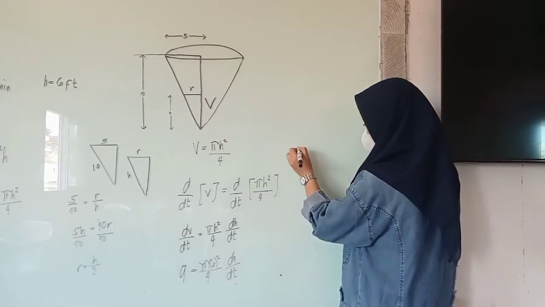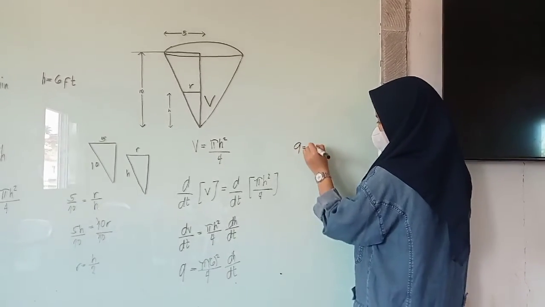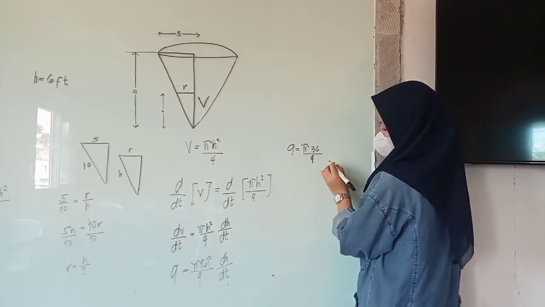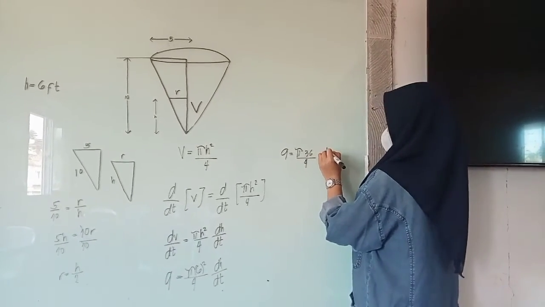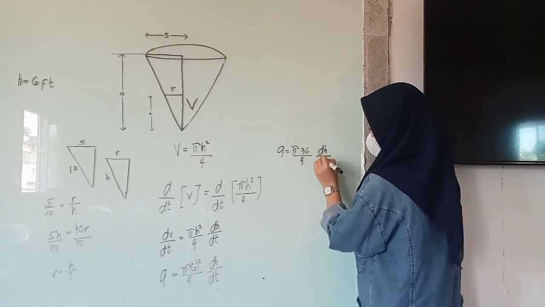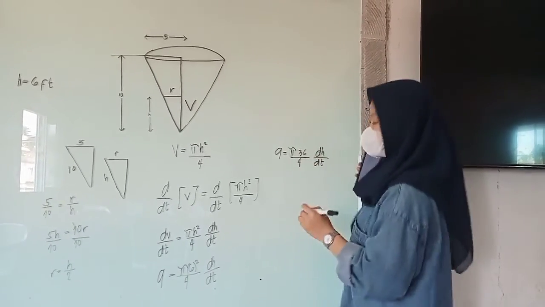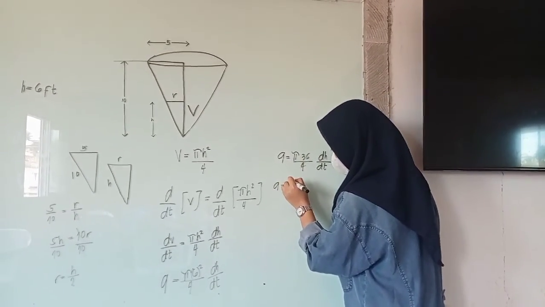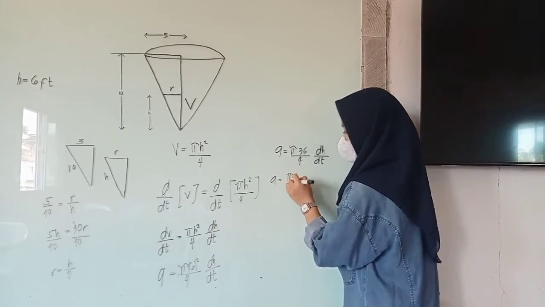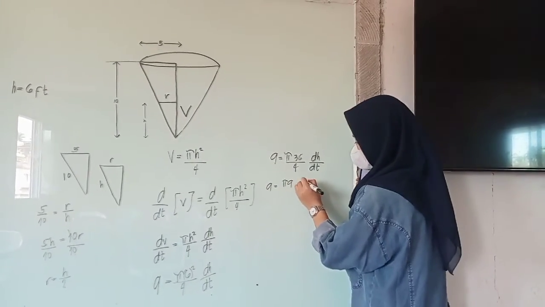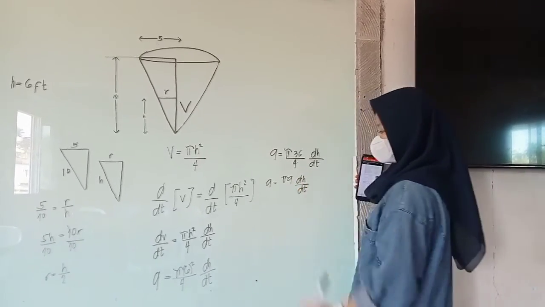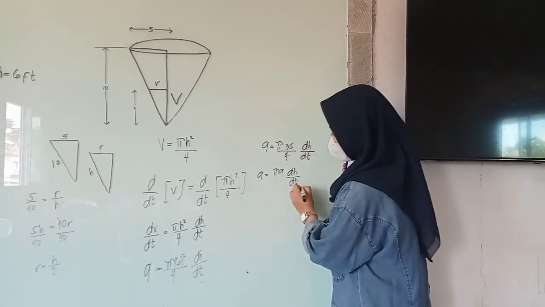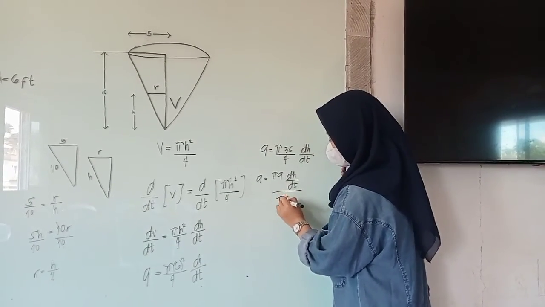So 9 is equal to pi times 36 over 4 times the rate of change of height with respect to time. 36 divided by 4 is 9. So 9 is equal to 9 pi dh/dt. To find the rate of change of height with respect to time, divide both sides by 9 pi.